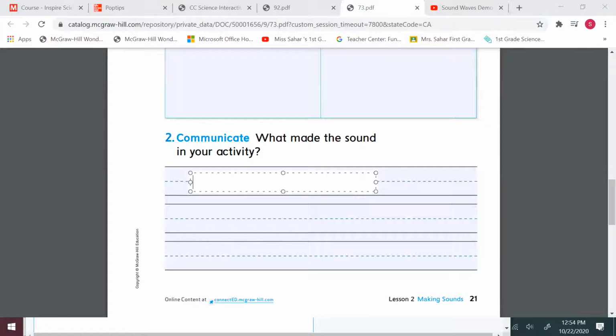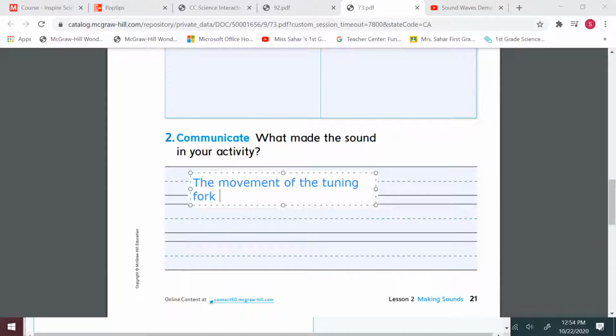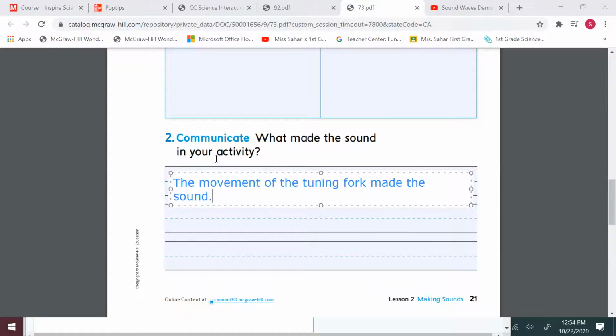So we're going to say the movement of the tuning fork made the sound, or the vibration of the tuning fork made the sound. So this is our answer for second question, or second part of page 21.